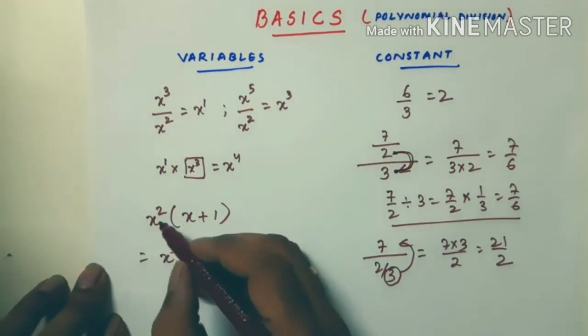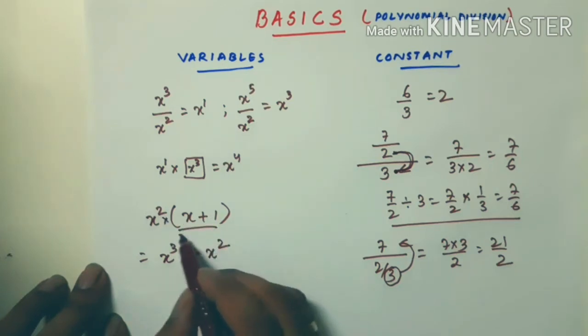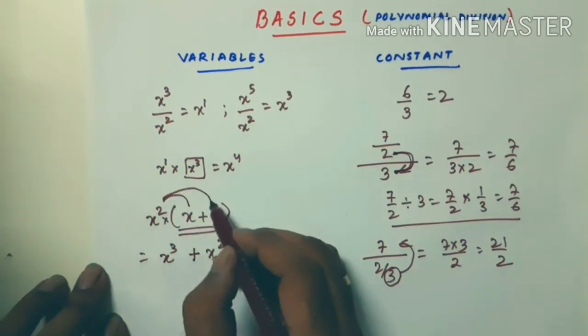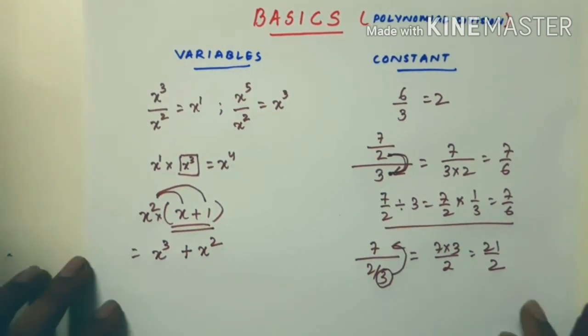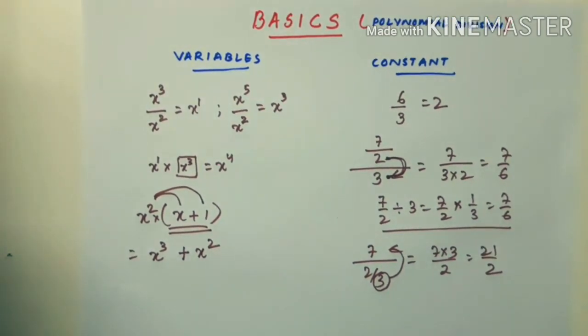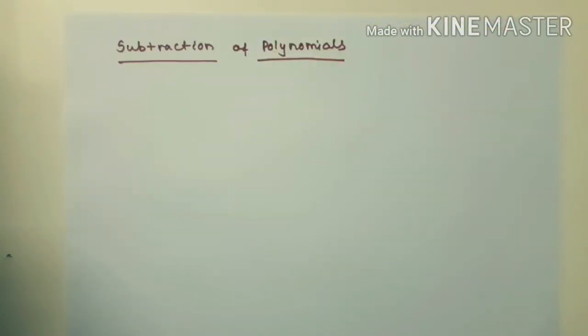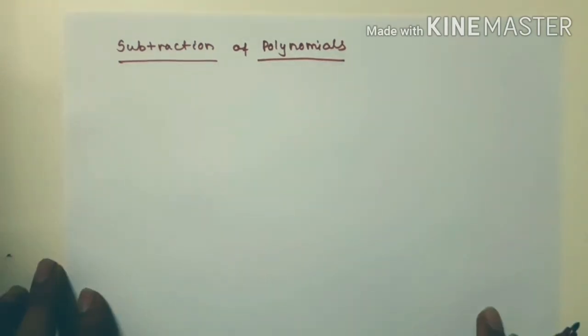You have to remember that when x squared is multiplied to the polynomial, it has to be multiplied with everything present inside. We have to remember this while doing the division. One more concept that will be needed while doing polynomial division is the subtraction of polynomials.